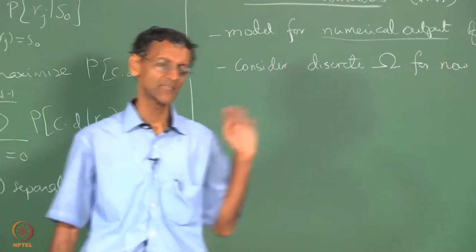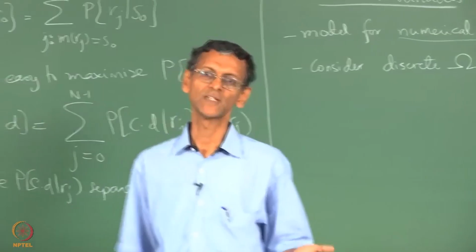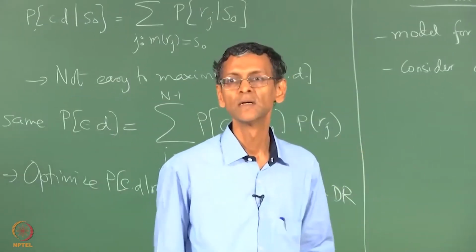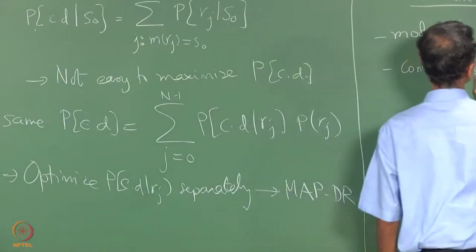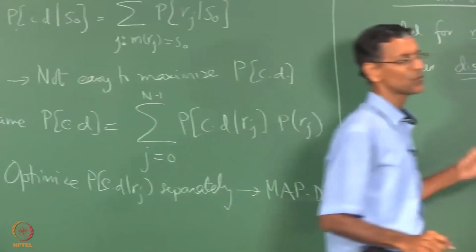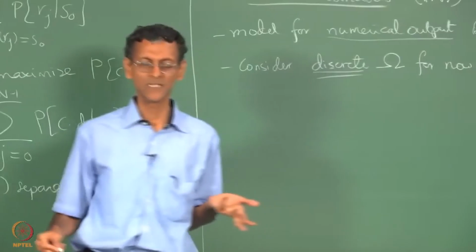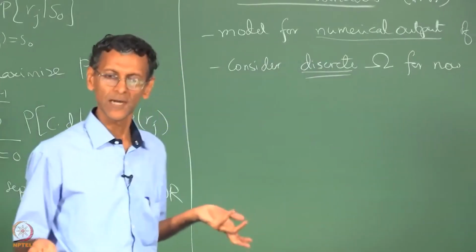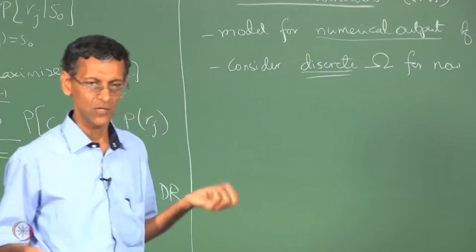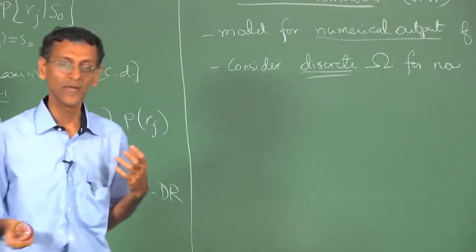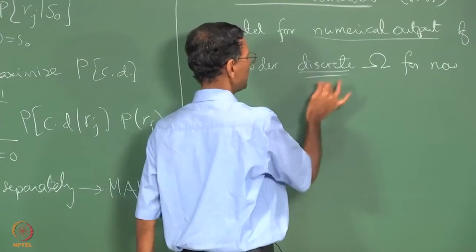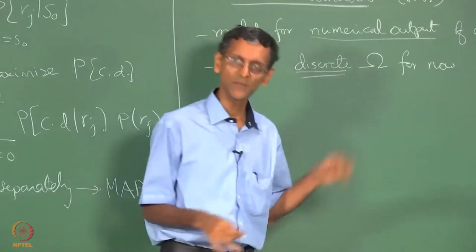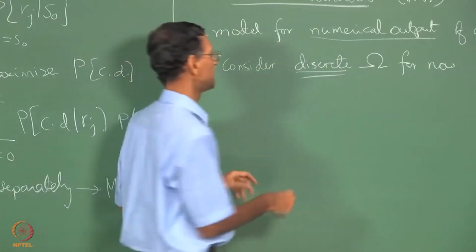All our considerations, until I make a departure from this, are only going to focus on discrete omega. But the idea is of course applicable to the more complicated, continuous or uncountable case also, but let me just state the definition in terms of the discrete omega for now.